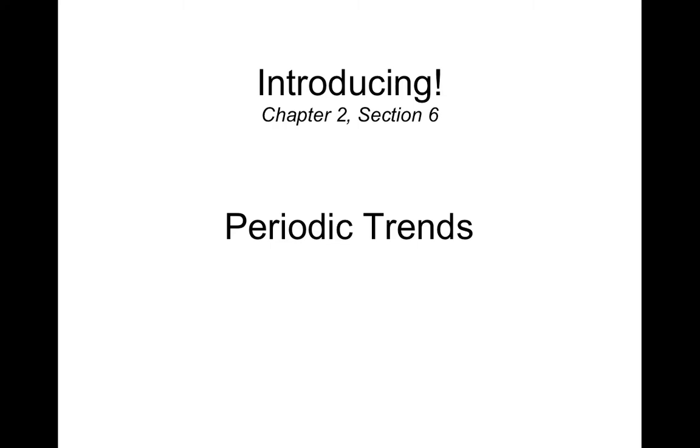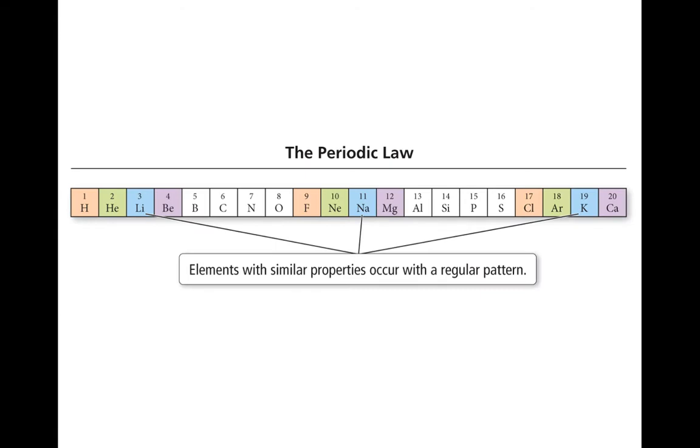So it turns out that the periodic table was developed by a guy named Dmitri Mendeleev, and I'm looking at Tro on page 57. Mendeleev found that if he lined up the known elements in order of mass, there were regular patterns that came out.